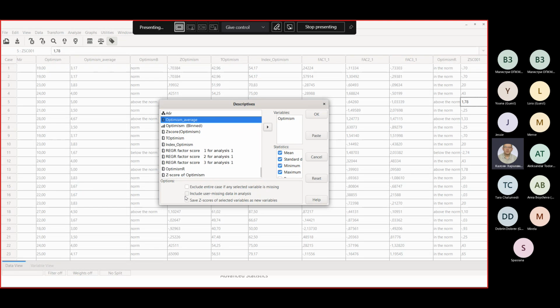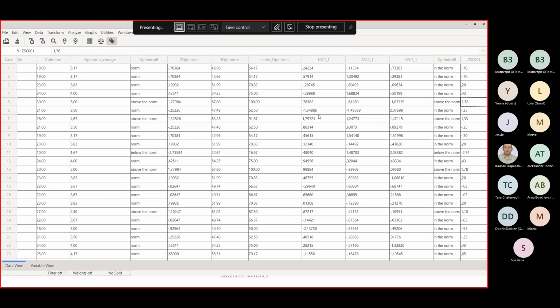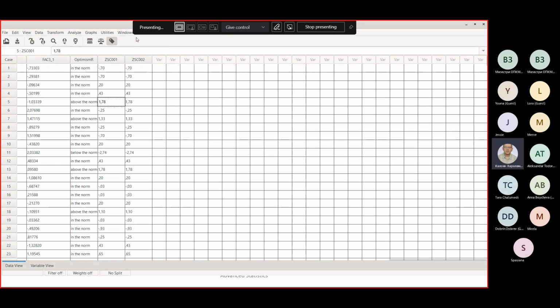And here we have options. Save Z-scores of selected variables as new variable. We must check this option, then press OK. And then here appears new variable Z-score.